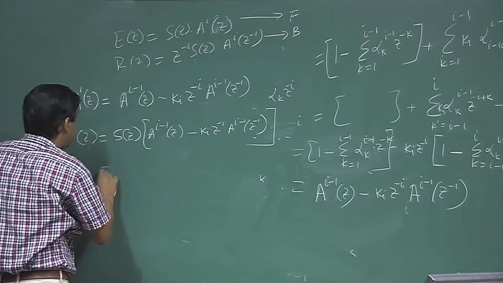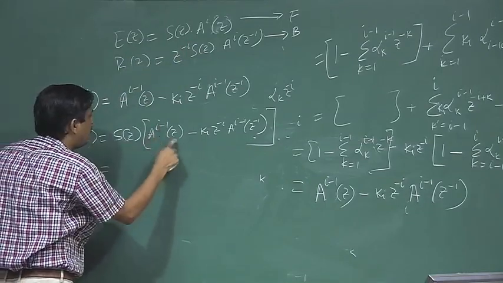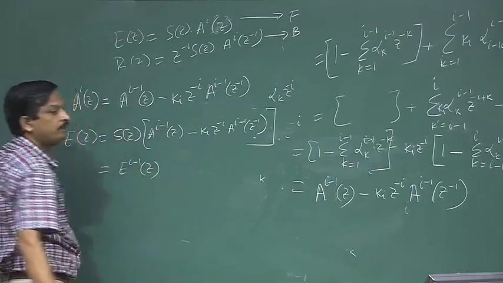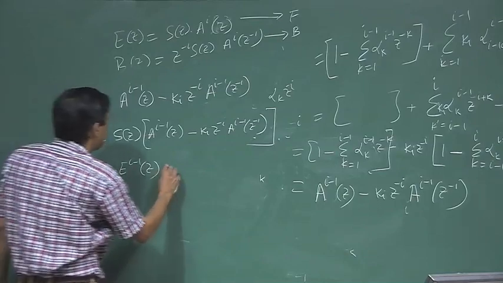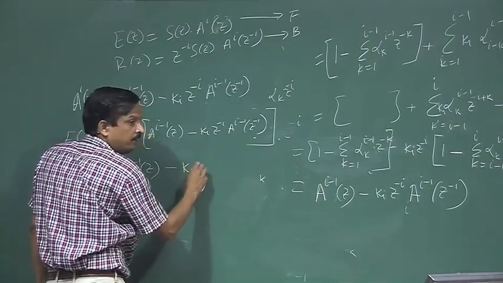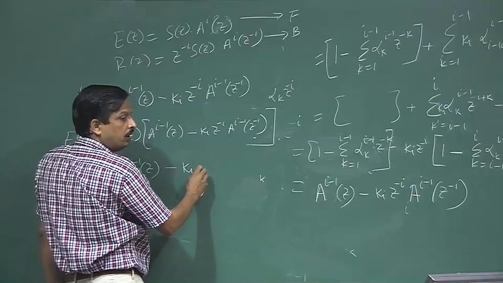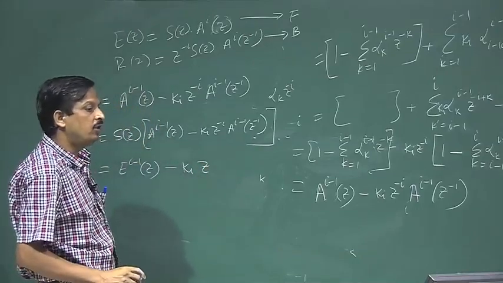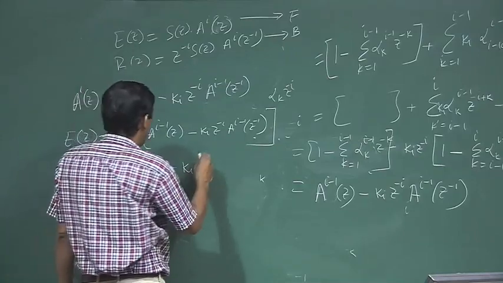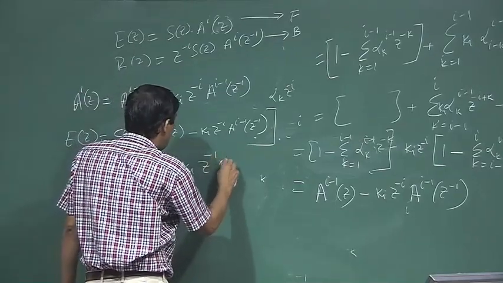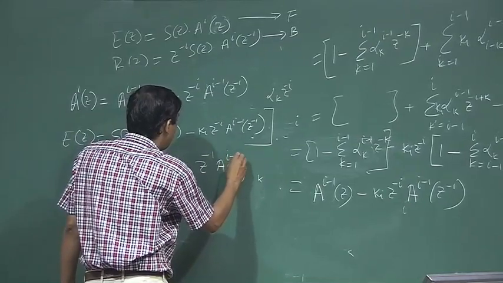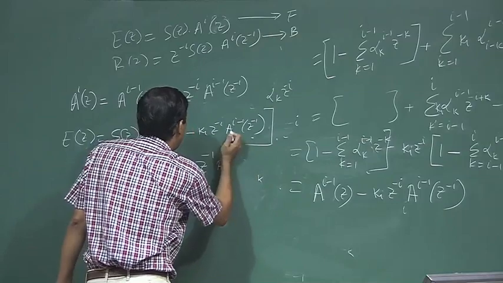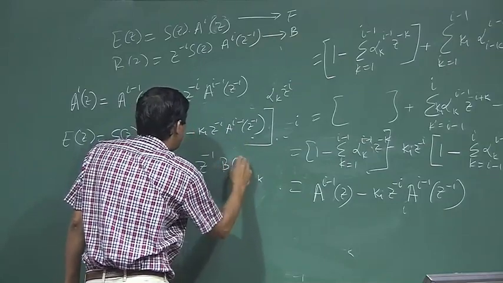So I can say it is nothing but S z into A i minus 1 z, so it is E i minus 1 z, minus k i into z to the power minus 1, or I can say z to the power minus 1 B z.